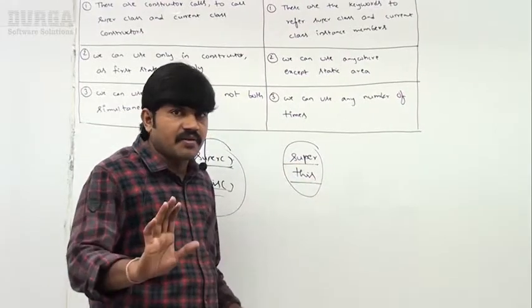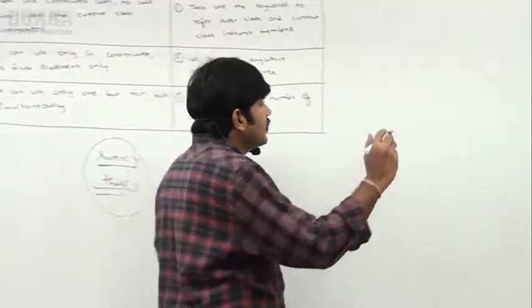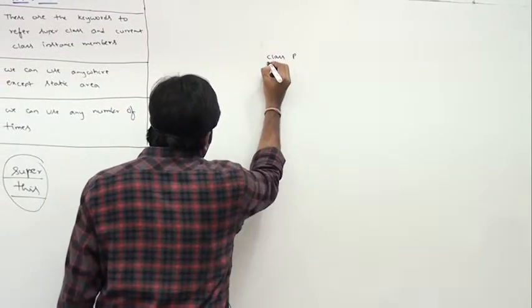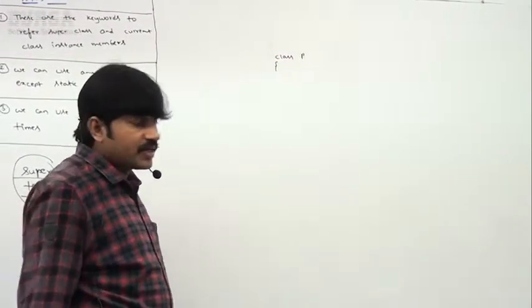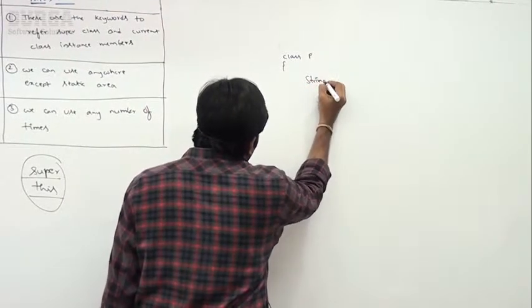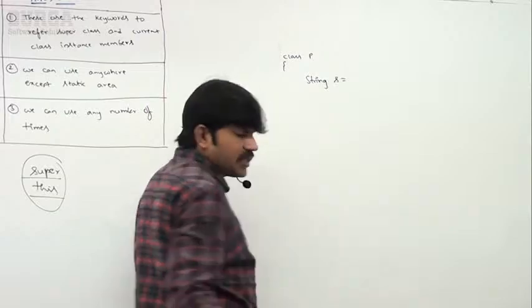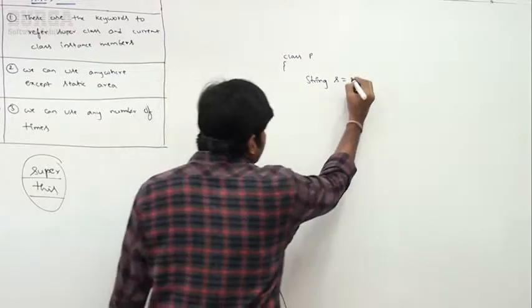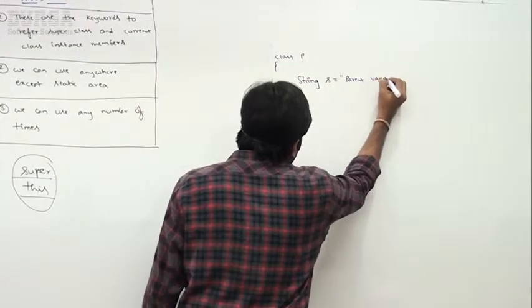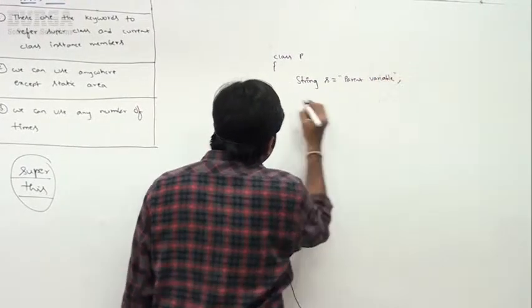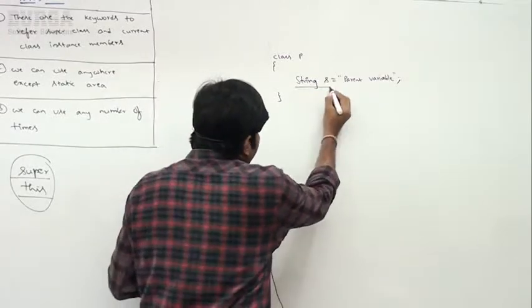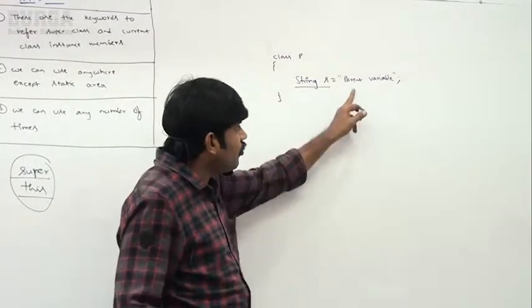Where are these required? Very simple, have a look. I have a class P, the parent class. Here I have a String instance variable, with the value parent variable.